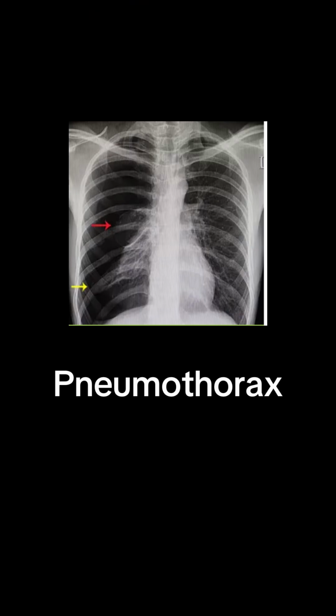Whereas in spontaneous pneumothorax, if it is less than 2 centimeters, we know that it just occurs maybe in a thin boy, or in someone who has a ruptured bleb, or in someone who did not have any lung disease. That's primary spontaneous pneumothorax.